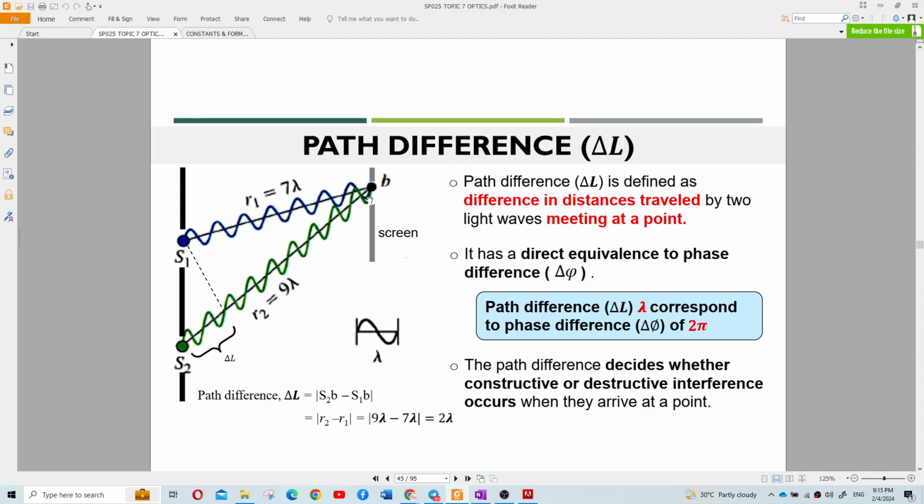You see here, it is constructive interference, isn't it? Because they have the same direction. At this part, the blue one is going down, and the green one is also going down. So they have the same direction. So constructive interference: for this example, you get bright fringe over here.